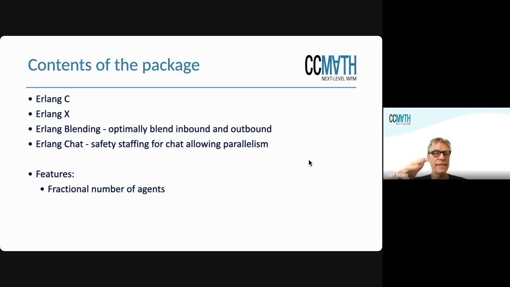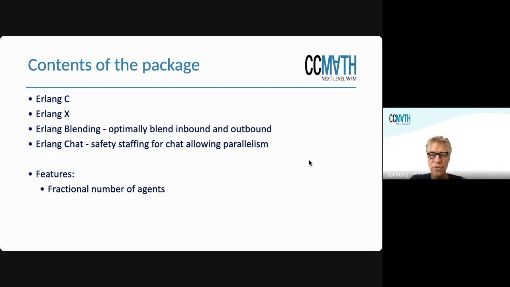That means the 25 that I just gave, that came out of the Erlang C calculation, or the 23 that came out of the Erlang X calculation, won't give you a service level of exactly 80%. It will give you a service level of 82 or 83%, because one agent less will give you less than 80%.